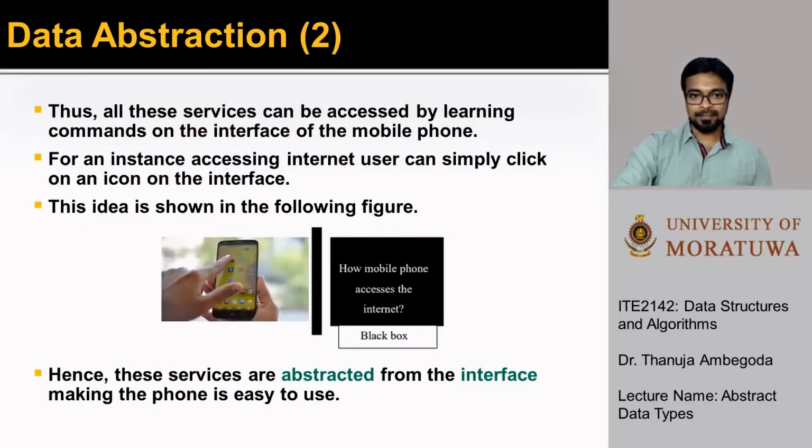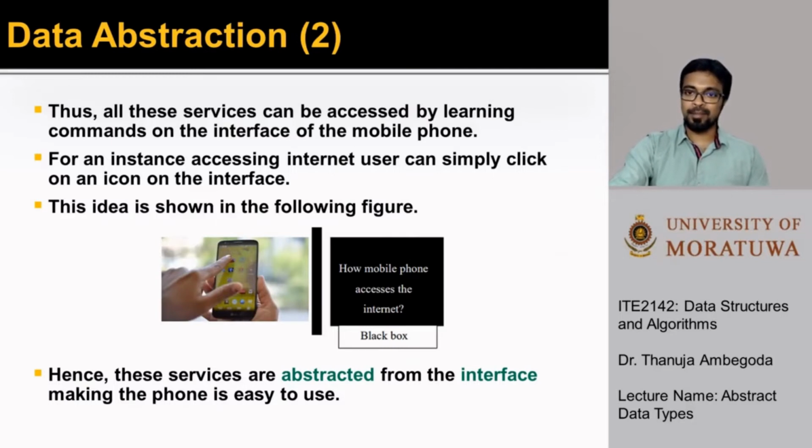It's shown in a bit more detail here. Basically, what you see as the mobile phone is a black box. You only see the superficial usage. You would like to use certain apps or use the internet to browse some things or watch videos on YouTube. You don't need to worry about how these features are implemented.